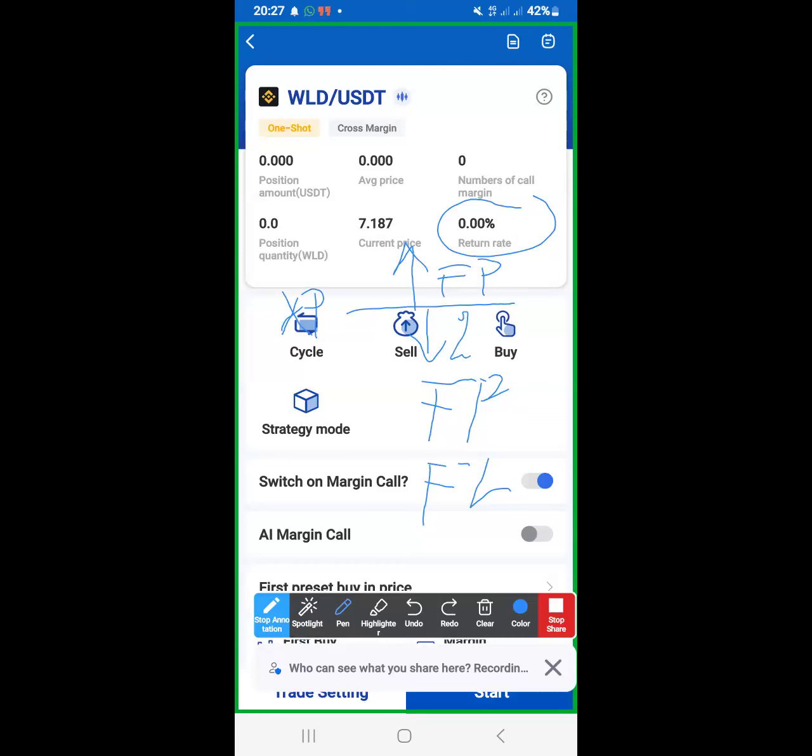Okay, so it is the determinant in terms of that. So the return rate, that is what it means. It refers to how high the market price has risen above the average price, or how low the market price has dipped below the average price. Whenever it has dipped below the average price, you'll see a negative there, with a figure.